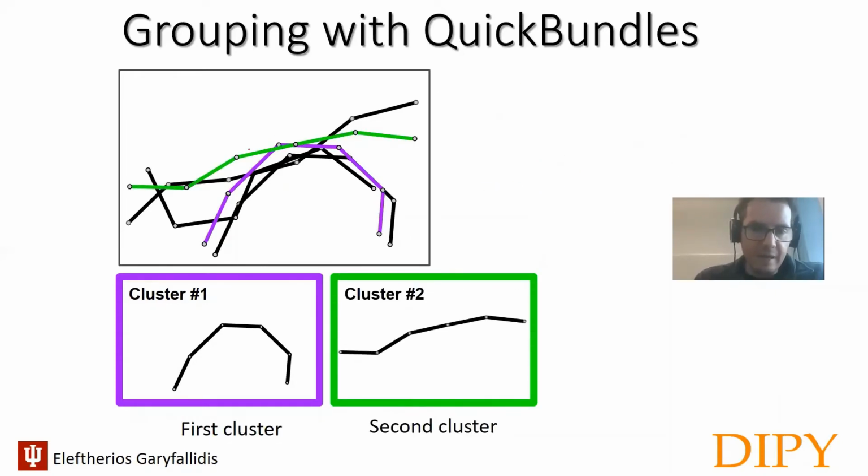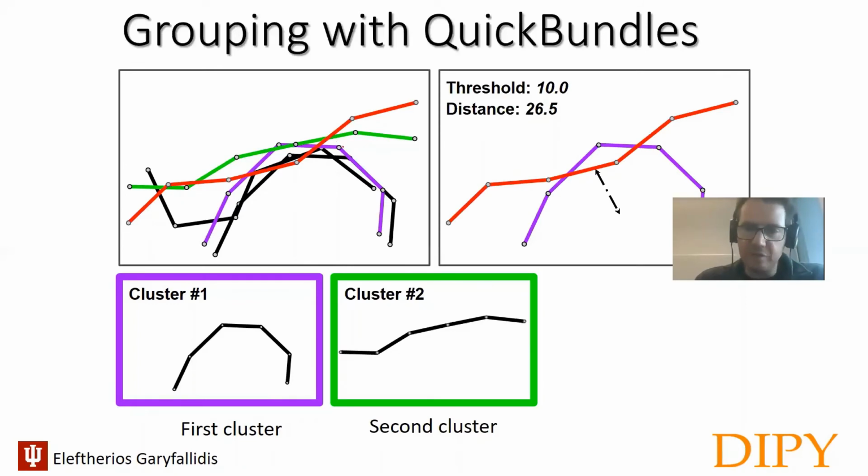And then you have the cluster and its centroid. Okay, let's now pick another streamline. We pick another streamline randomly. We compare the distance between that streamline and the centroid of cluster 1. We see, okay, they're quite different. The distance is much bigger than the threshold. Then we do the same for cluster 2, and you can see, okay, now they look similar.